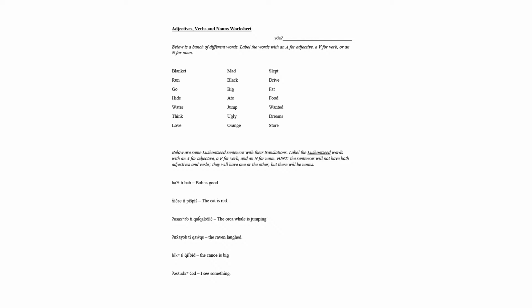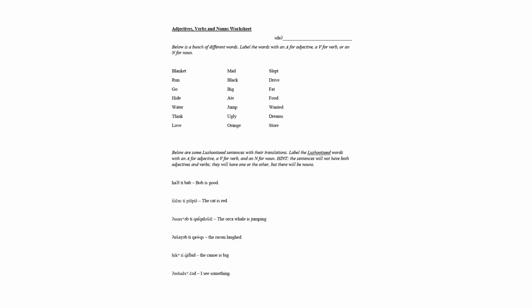The orca whale is jumping. If usahwab is jumping, what type of word is it? Verb. And kala chech is the noun. And then it means orca whale, right? Yep.